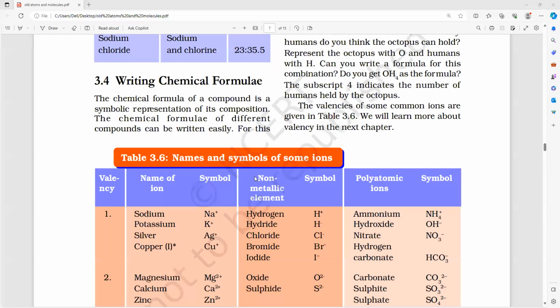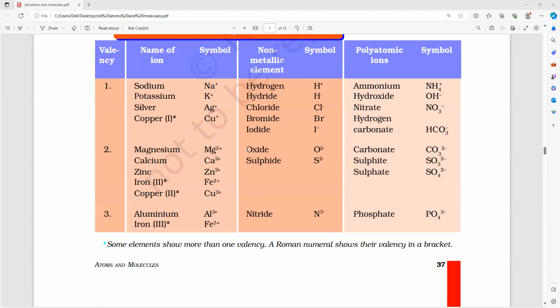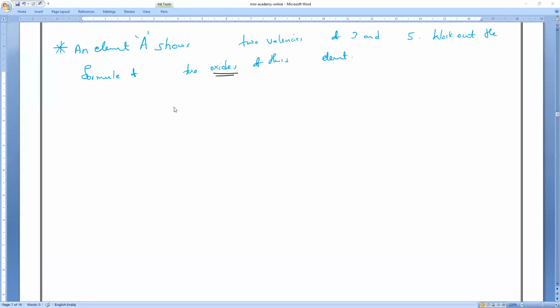Forget about the rest for now. We only talk about oxide; oxide means O2 minus. This is one of the most important questions, people always make errors, so you have to remember. Now element A has two valencies. A is equal to what? 3. So let me take it now. Symbol.